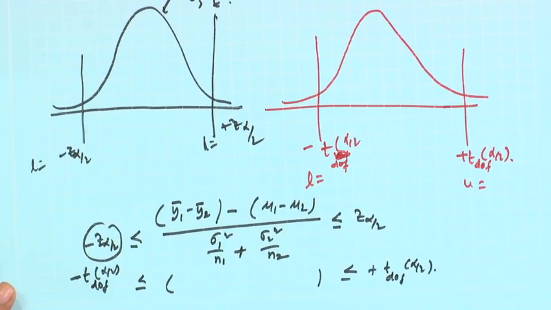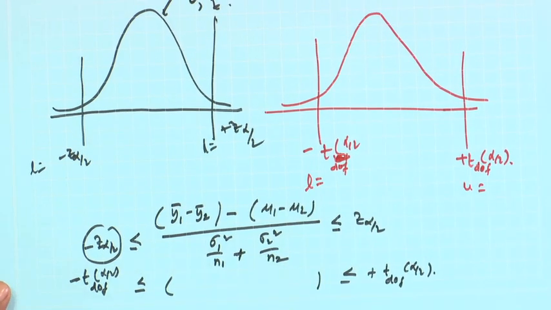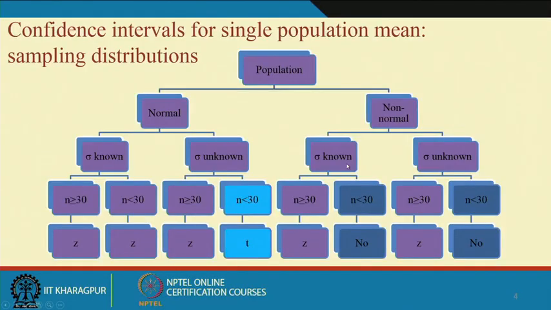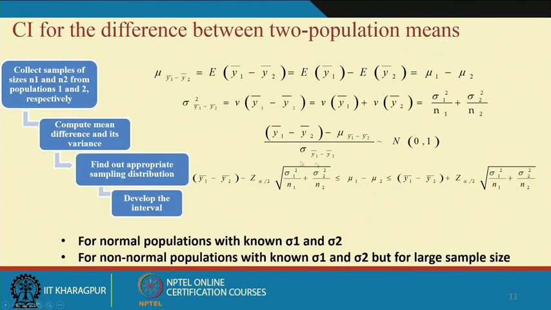Okay. So, you have to understand what your situation is, whether it is a T or Z situation, and act accordingly. Ultimately, just see some of the slides, the concept is given to you. If it is Z distribution, this is the equation, and from this you can very easily come to this equation: y1 bar minus y2 bar minus Z alpha by 2 into this variance part, and this will be this.